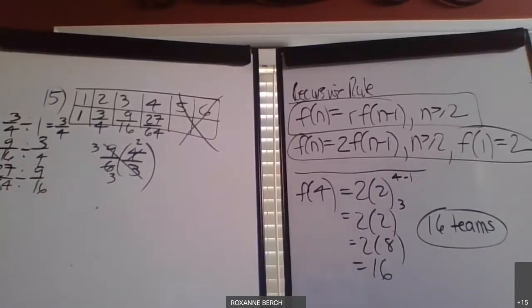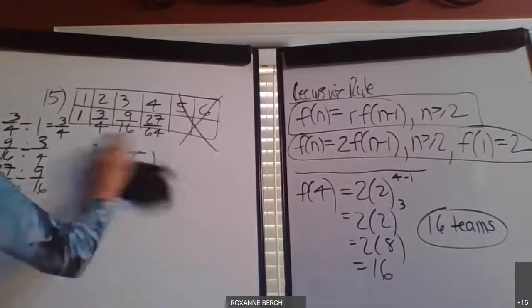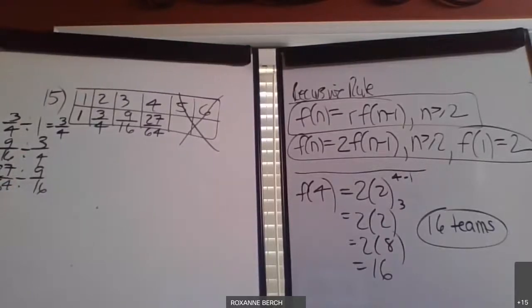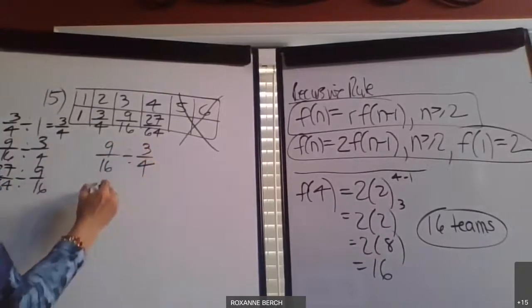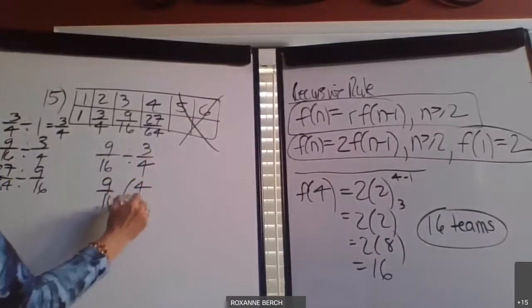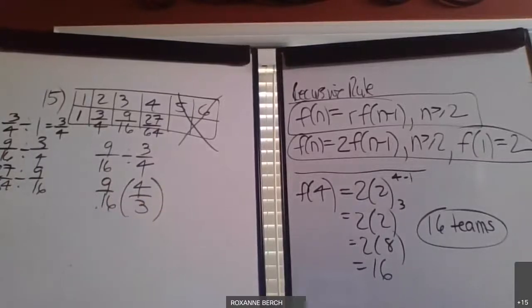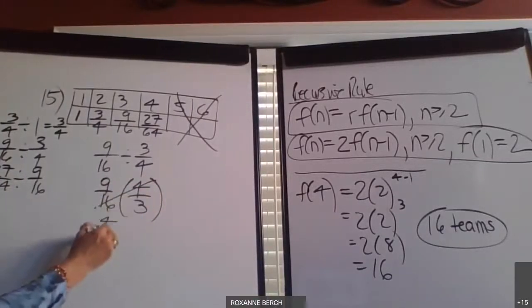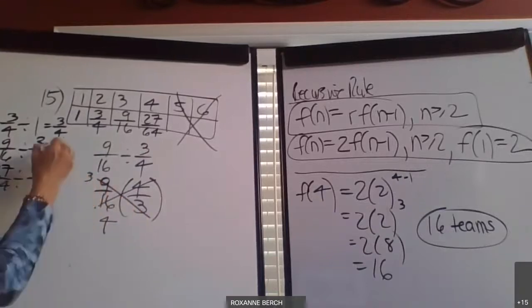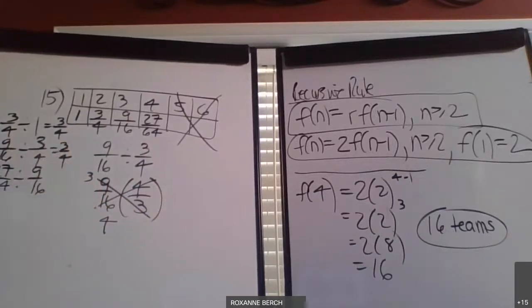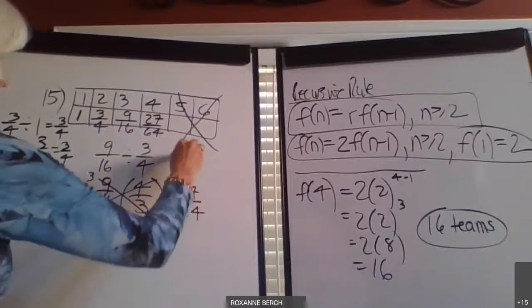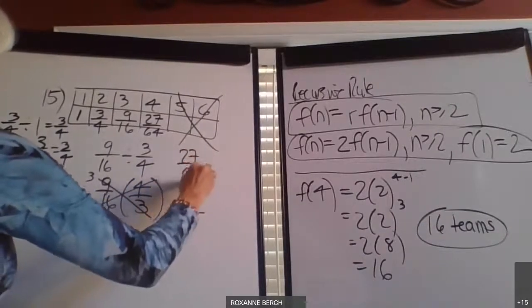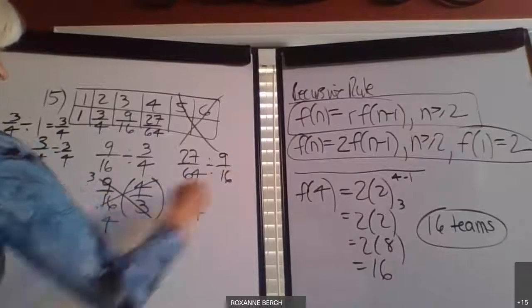What's 9/16 divided by 3/4? It would be 9/16 times the reciprocal, right? So 4 goes into 16 4 times, and 3 goes into 9 3 times, so 3/4. 27/64, sorry, divided by 9/16.